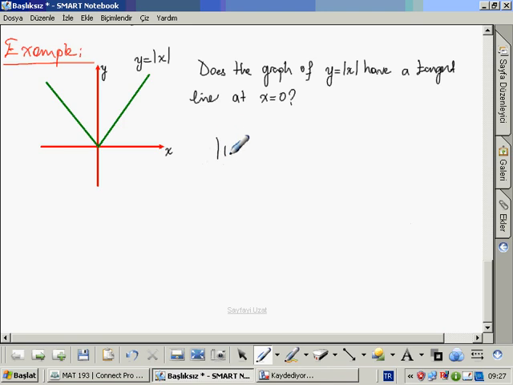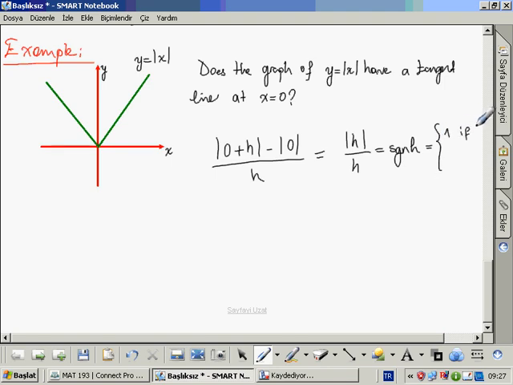Let's remember our limit function: 0 plus h minus 0 over h is equal to absolute value of h over h. This is the special function, the signum function of h. It equals plus 1 if h is larger than 0, and minus 1 if h is less than 0.